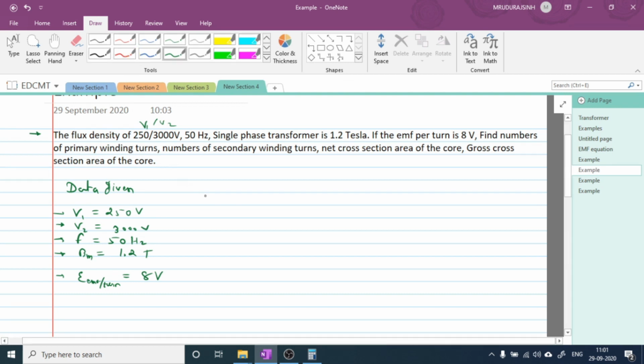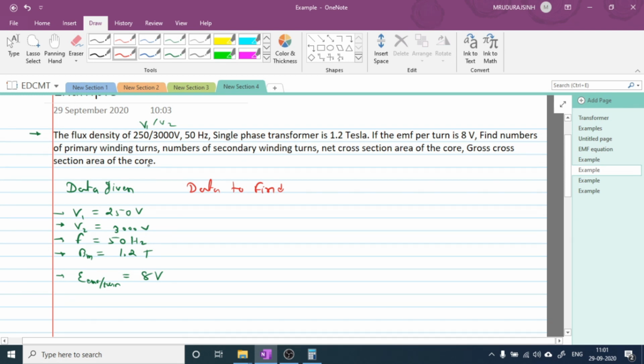So now we'll write the data to find. And what data we need to find?